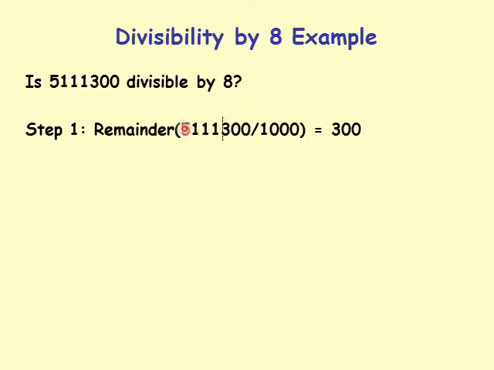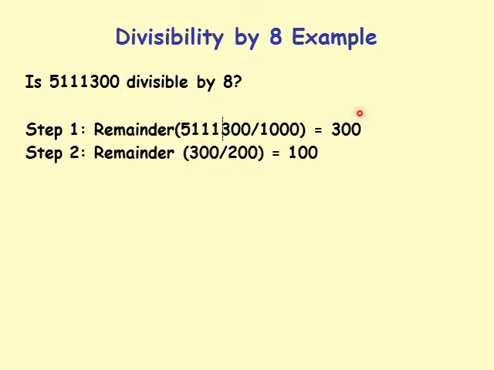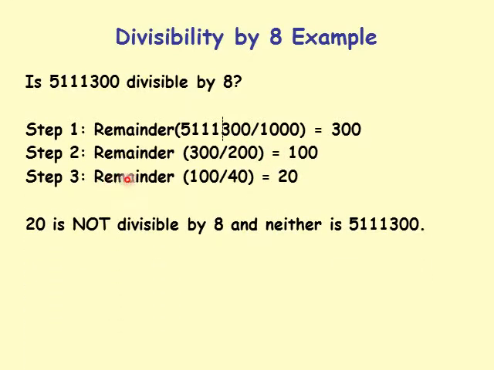The one on the left, 511, is the quotient, and on the right, 300 is the remainder. Next step. Taking this 300 as the dividend and dividing by 200, the remainder is 100. Next, the remainder of 100 by 40 is 20. 20 is not divisible by 8, and neither is 511300.